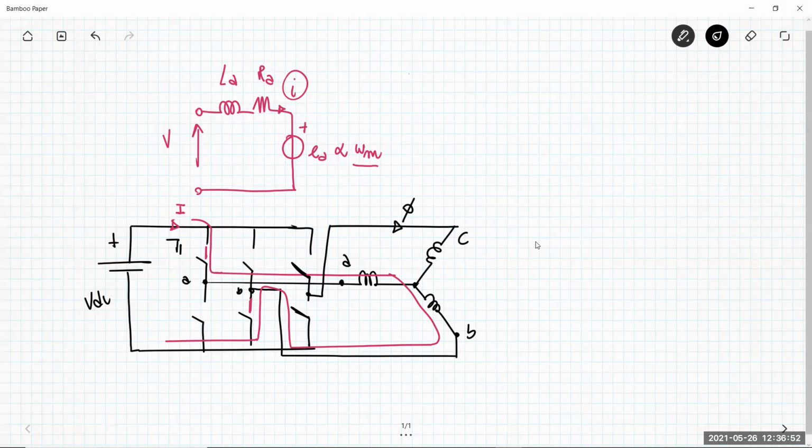Okay, so this is what happens in that situation. So what is the voltage that, for example, you have between the node A and the node B? This voltage is exactly the voltage VDC or VT, the input voltage that you have here. If you want, you can refer this voltage to the center of this star connected load here, and then basically the voltage is constant. So this situation is in contrast to my requirements.